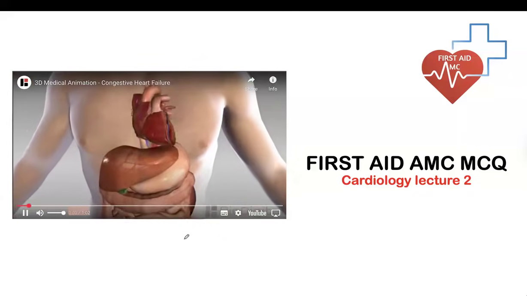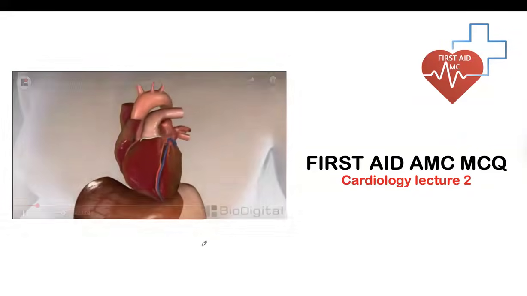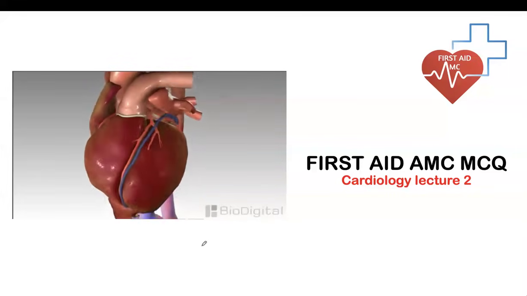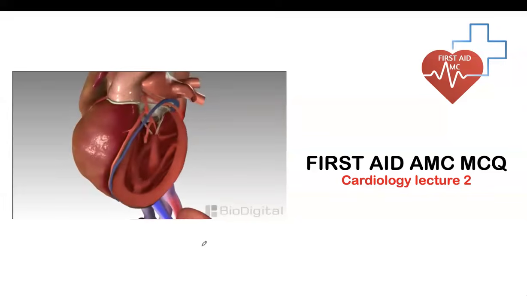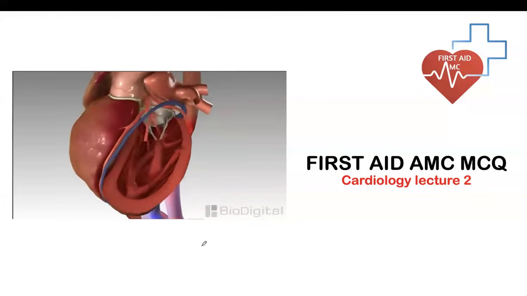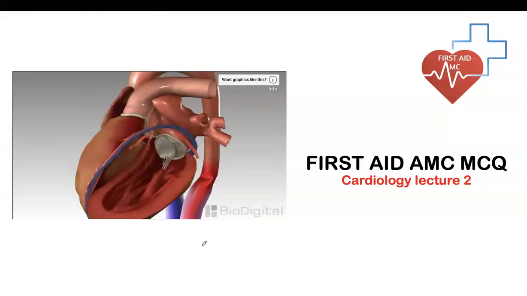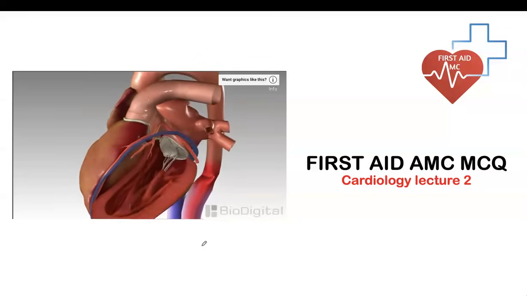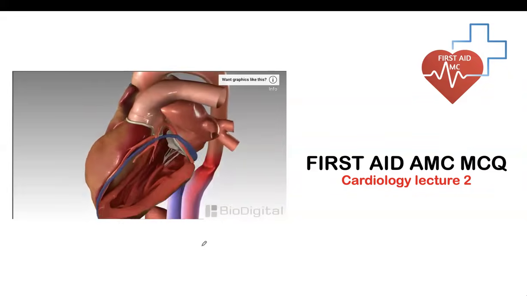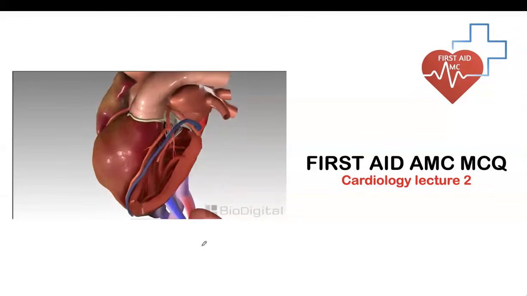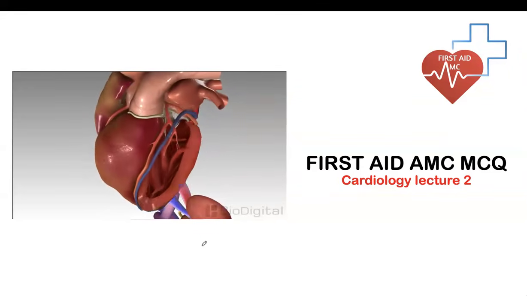The heart, as seen here, beats approximately 60 to 100 times a minute, providing oxygen-rich blood to the rest of the body. The lower left chamber of the heart, called the left ventricle, is the main pumping chamber. There are many different conditions that can lead to congestive heart failure, including a prior heart attack, high blood pressure, and coronary artery disease. Any of these can prevent the heart from efficiently pumping blood to the rest of the body.